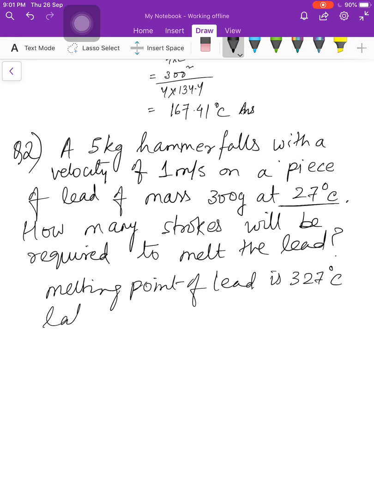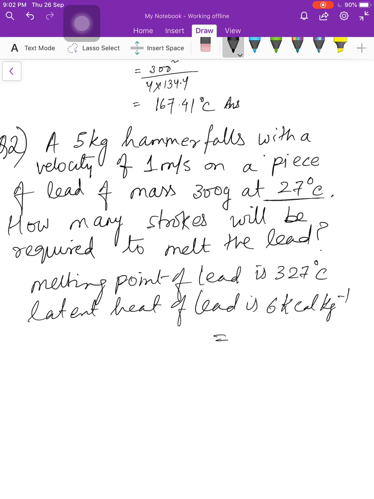Latent heat of lead is 6 kilocalorie per kg. So let us convert it to SI before proceeding. 6 kilocalorie per kg, 6 into 10 cube, and for calorie we are multiplying 4.2.